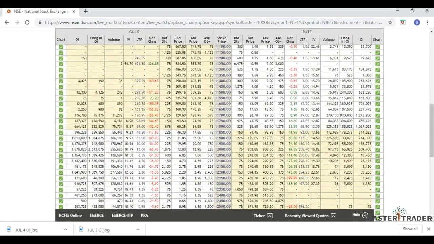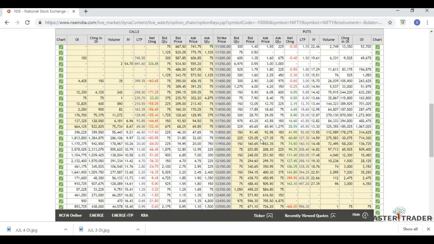Now, why is this data so crucial? Guys, this data is used by all the big players, and it is created by the big players. Now understand one thing: to win in the markets, you have to go in the direction of the big players. Wherever they are making their positions, that is where we want to be as well.